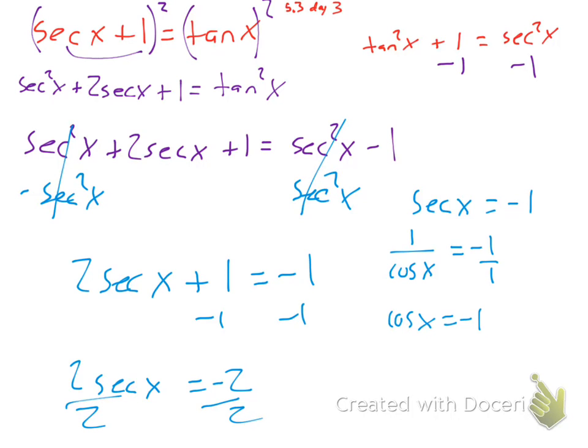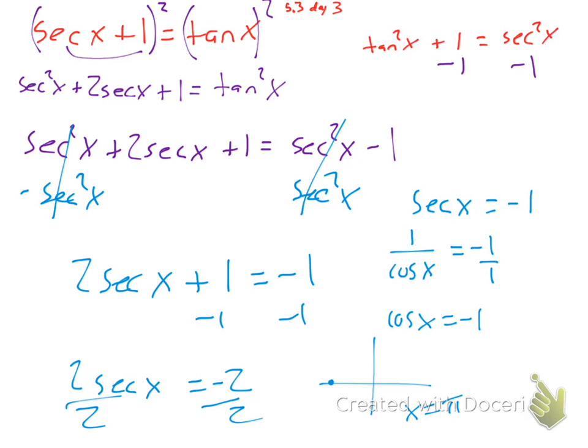Let's do this in radians. If it doesn't specify, you should be doing things in radians. So, where is cosine negative 1? Straight back, right? Well, what is it? It's pi.